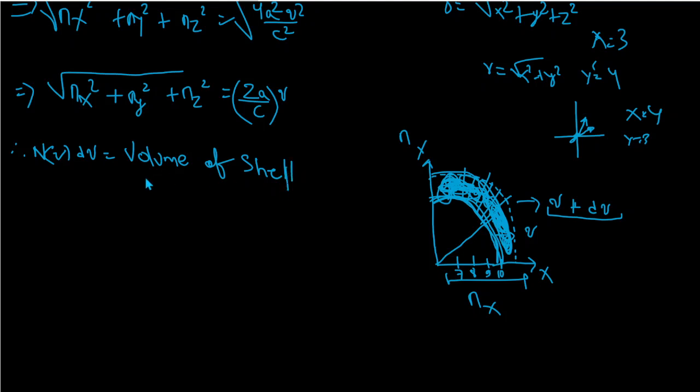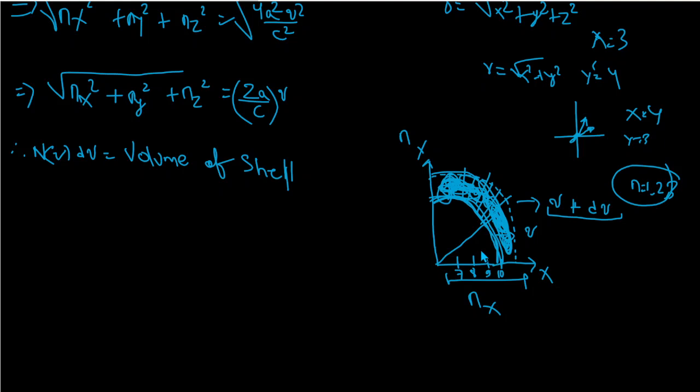But why is the volume of the shell equal to the number of standing waves? Because in the three-dimension case, the spacing between these particular n is 1. It means the cubes that form in this three-dimensional volume have a volume of 1.